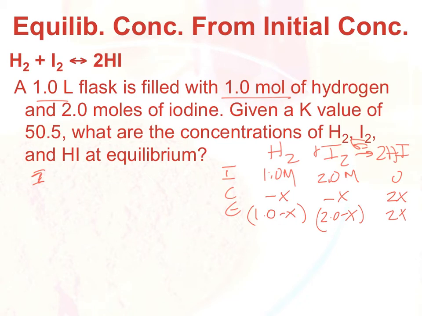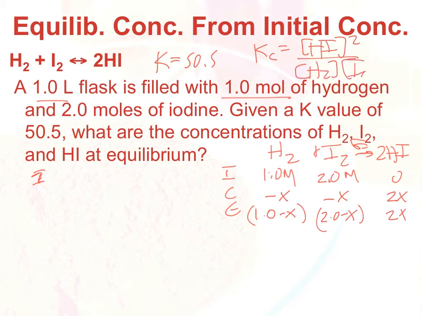Now remember, we've been told that our K value is equal to 50.5. And we have a balanced equation, so we can write an equilibrium expression as follows. We'll do that really quickly, because we'll be using it in a second. H2 and I2. And what we're going to do now is plug our values at equilibrium into this equilibrium expression.